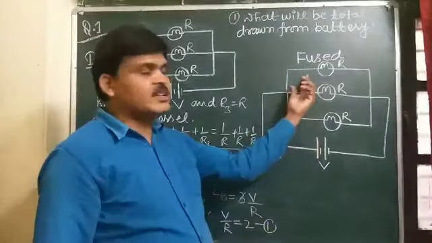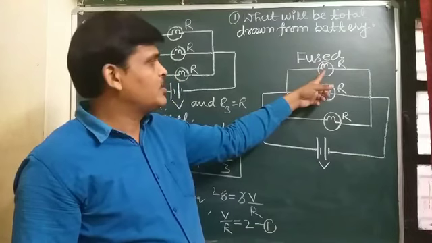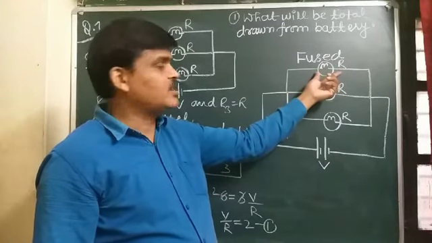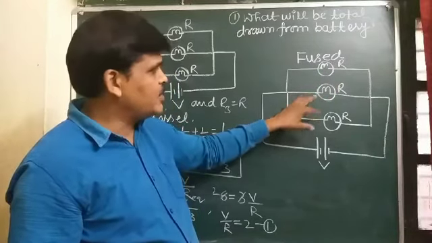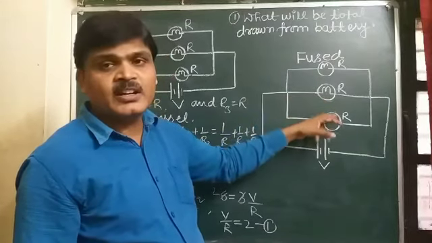Now students, in the second diagram, when one bulb gets fused, no current passes through this bulb because the circuit is broken. So in the second circuit, only two bulbs are connected, and they are identical and connected in parallel.